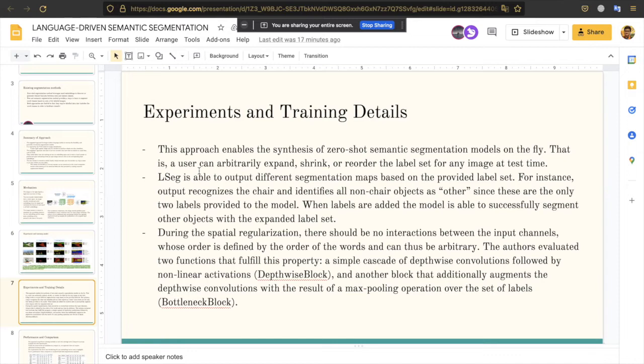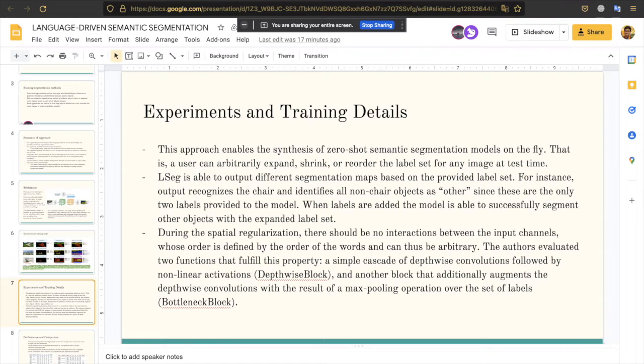And that essentially signifies how strong the LSeg model is, because it's not just relying on the labeled instances, such as few-shot and one-shot approaches use. It is able to use the text embeddings from the CLIP model and the image embeddings from the dense prediction transformers, and convert that into an output which performs this segmentation on the fly.